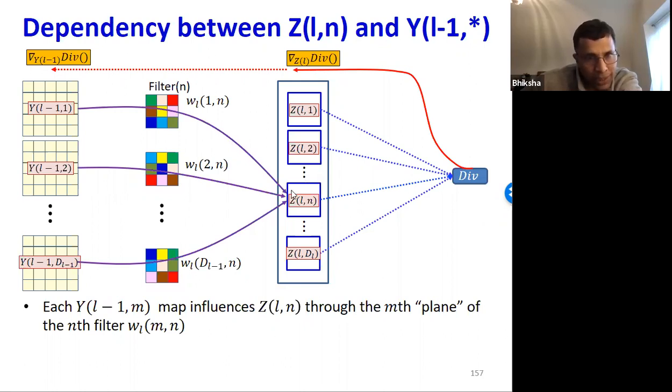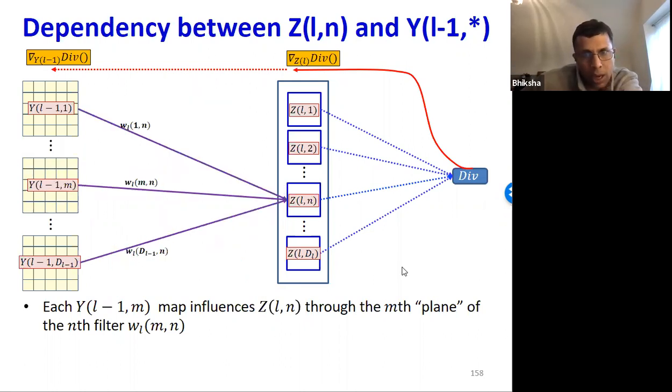Nth affine map in the Lth layer. W2n is the filter plane that you apply to the second map out here when you're computing its contribution to this guy, and so on. Just notation.